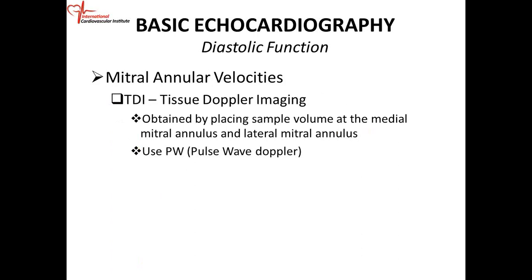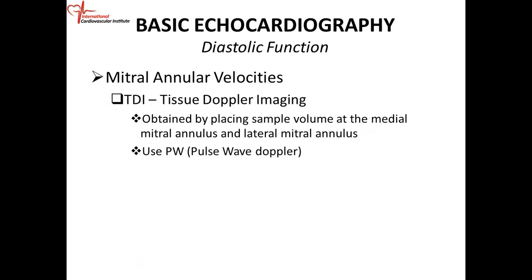Once you have heart muscle disease, then that velocity is going to be affected, more so the diastolic velocity. Remember, when you do tissue Doppler imaging, you look at the medial annulus and the lateral annulus, and from the medial and lateral annulus, you can develop an average annular velocity.